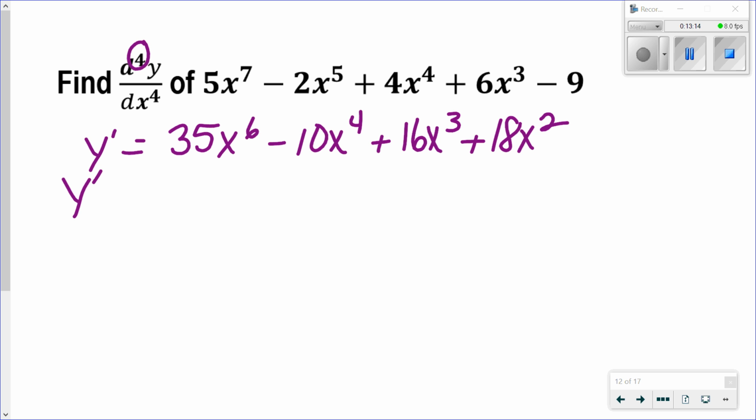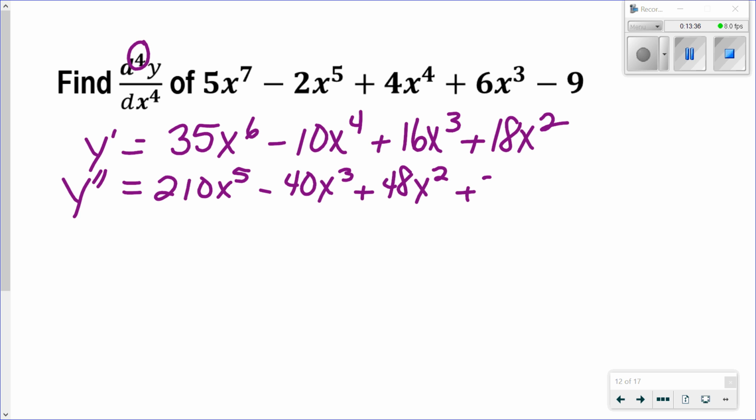Y double prime, and I'm going to throw that in my calculator so I don't mess it up. 35 times 6. So I have 210x to the 5th minus 40x cubed plus 48x squared plus 36.